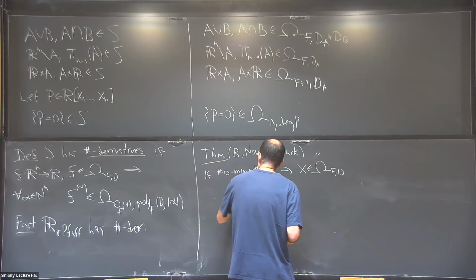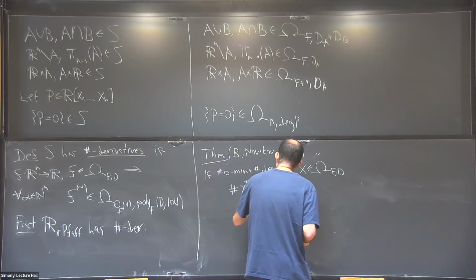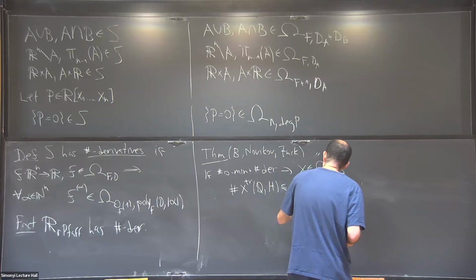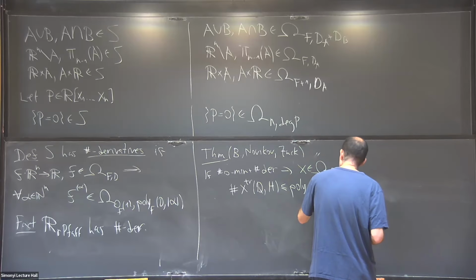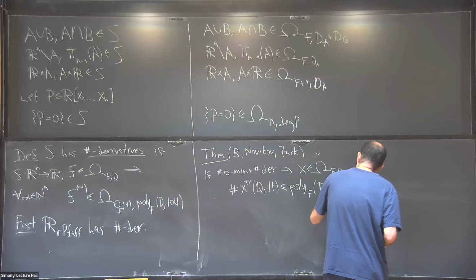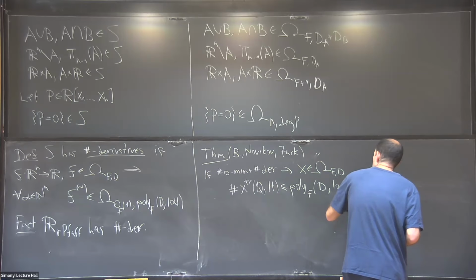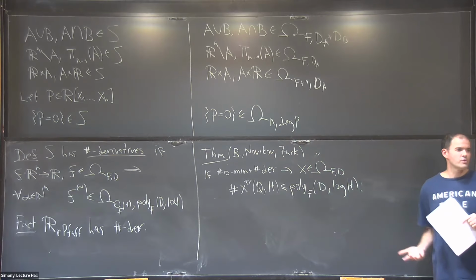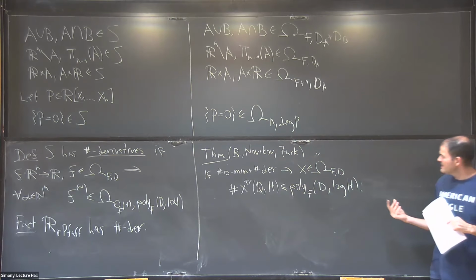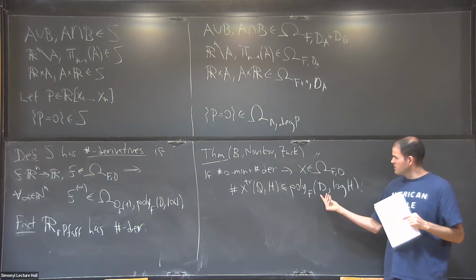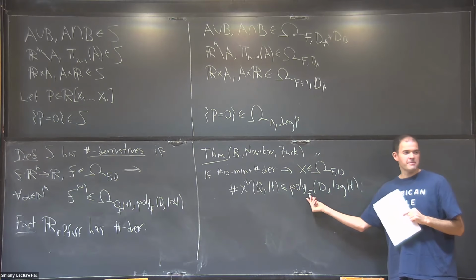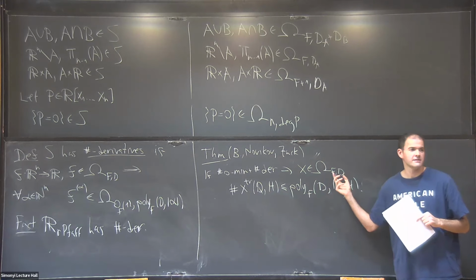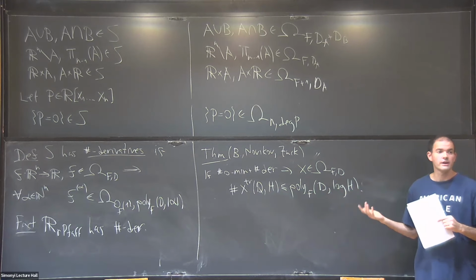The number of rational points of height at most H is less than some polynomial, depending only on the format, in the degree and in log H. Okay, so it's realizing this conjecture that we had before, and also it's a bit more explicit. It's telling you that the polynomial depends only on the format, something like the ambient dimension. It grows polynomially with the degree of the set, and it also grows polynomially with log H.